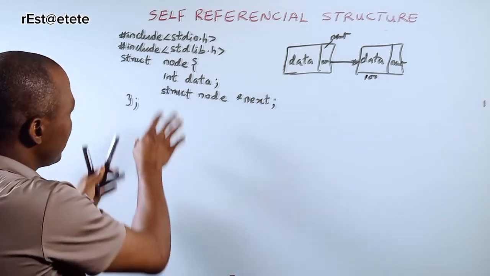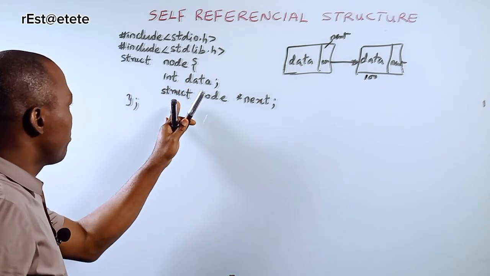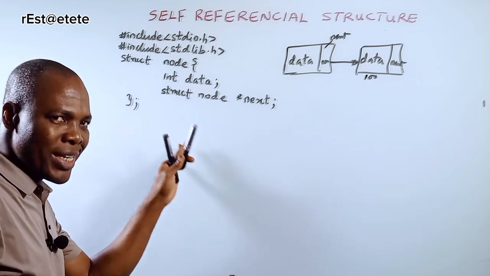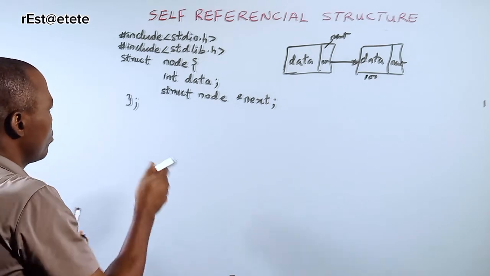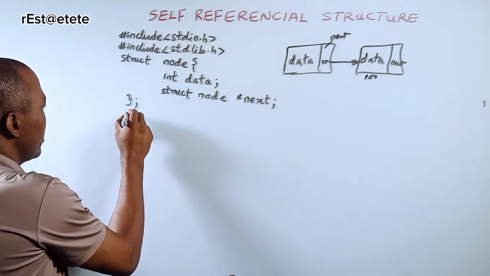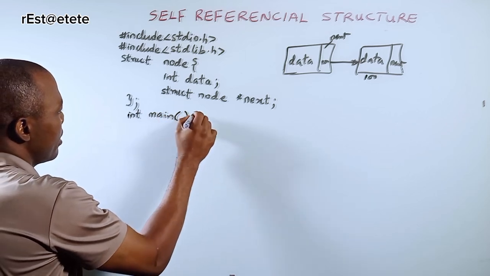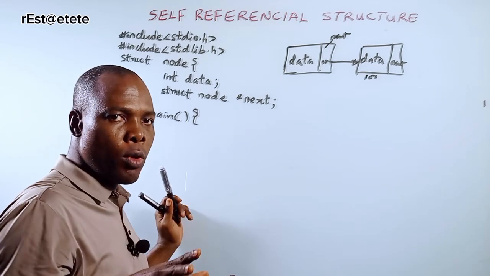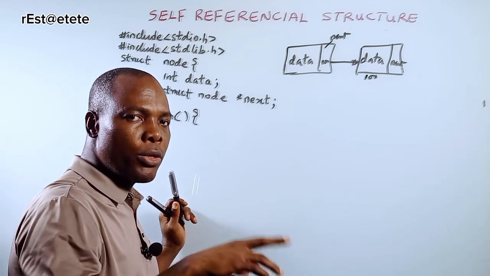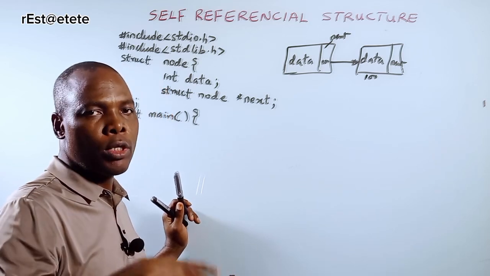So I've created the blueprint. Now, based on this blueprint, I'm going to create my variable for this structure. So I'll go to main. I'll say int main. Inside this, I want a dynamic one, so I want to create that memory in the heap. So how will I access the memory in the heap? I will have to use what? A pointer.